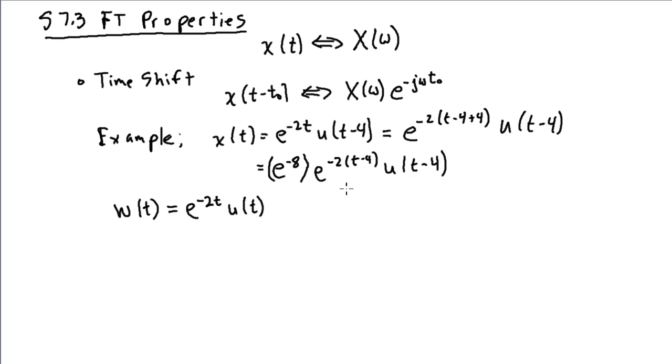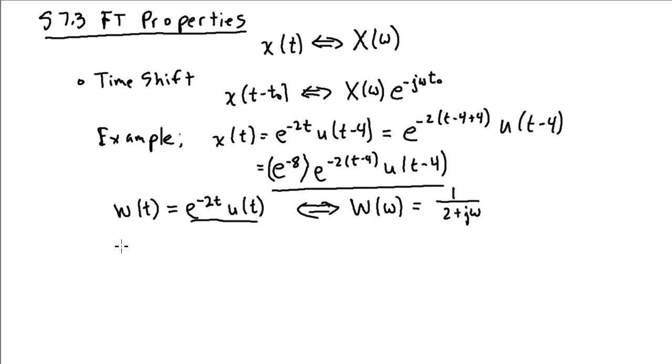Because I see that embedded in here, x of t is going to be related to a time-shifted version of w of t, but w of t has transform W of omega equal to 1 over 2 plus j omega, and then based on the definition of w of t and x of t, I've got this relationship in the time domain. x of t is just e to the minus 8 times a time-shifted version of w of t.